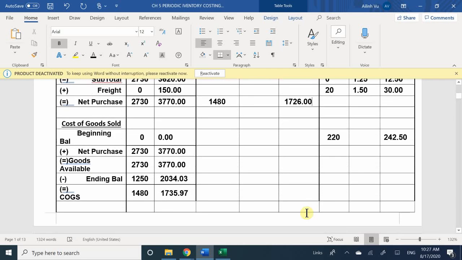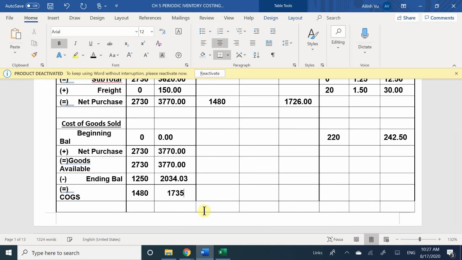Okay, so I was off by $12, and let's see what I'm off by. 1726 minus 1735, 97. Yeah, I was off by a whole $10.